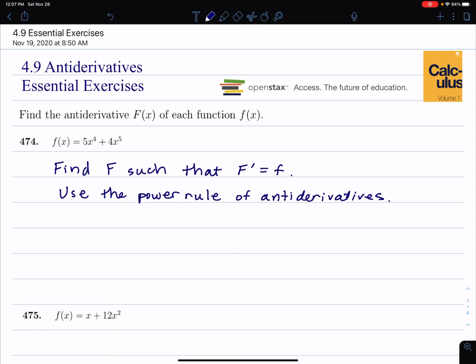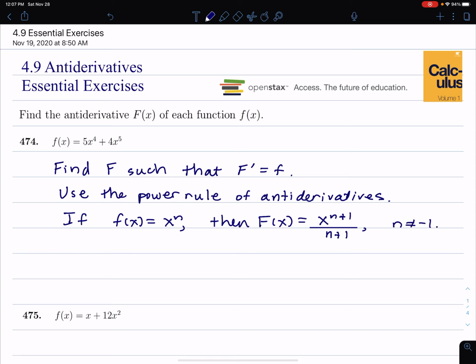What that's saying is if f of x is equal to x to the n, then capital F of x is equal to x to the n plus 1 divided by n plus 1. However, this only works if n is not equal to negative 1. If n equals negative 1, you'd get negative 1 plus 1 is 0 in the denominator. And I'll say it without writing it down right now, that if n does equal negative 1, then little f of x would be 1 over x, and that antiderivative is natural log of absolute value of x.